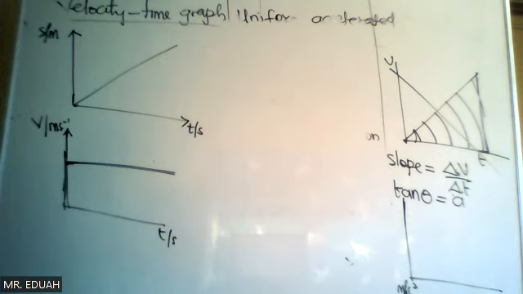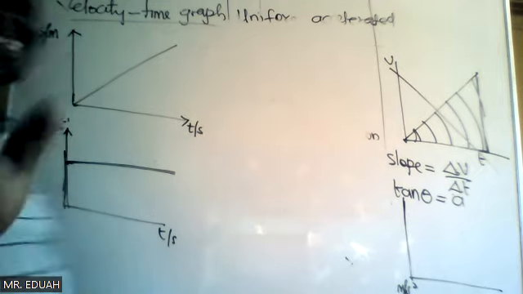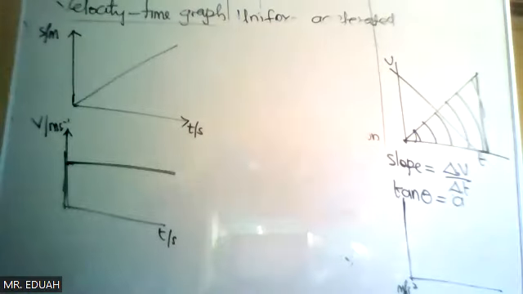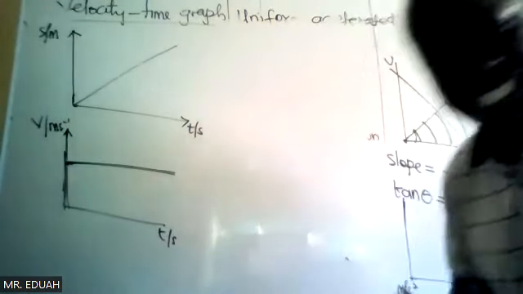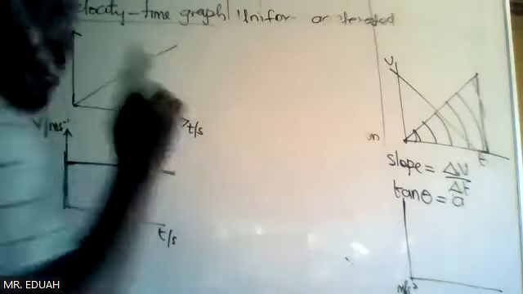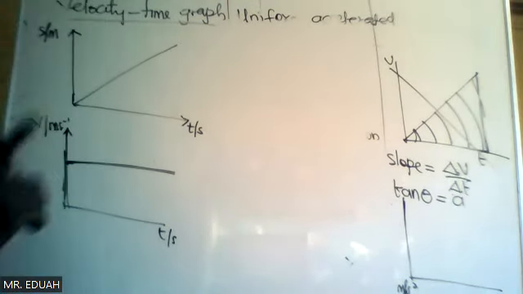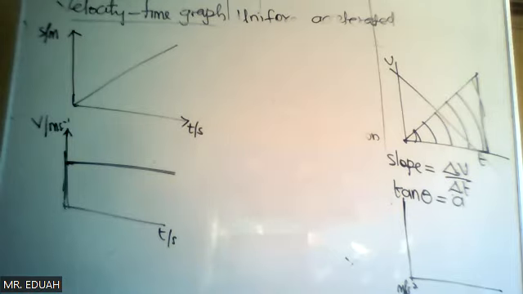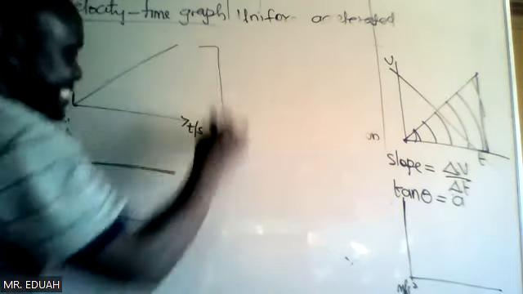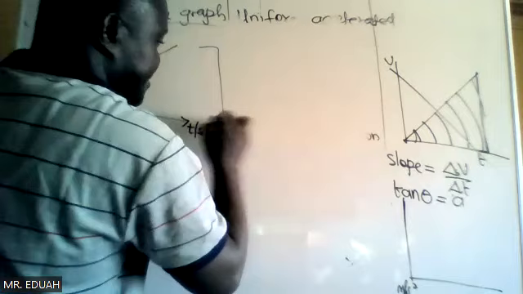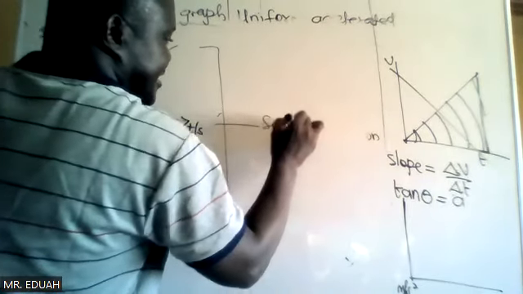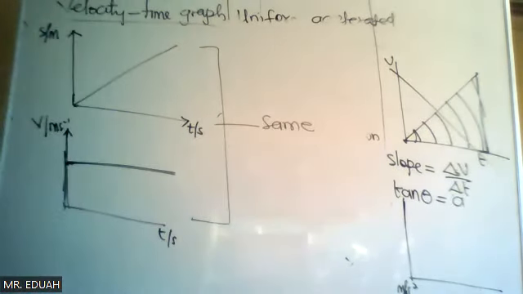The same thing in the velocity time graph too, there is a constant or uniform velocity. In fact, let's clap for Jojo. Wherever you are, clap for Jojo. Yes, these two graphs are the same.